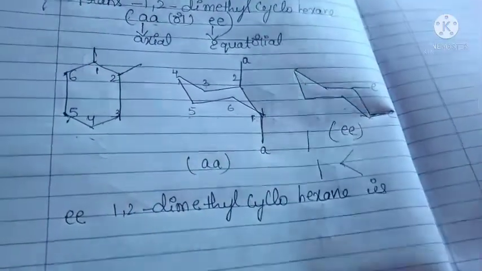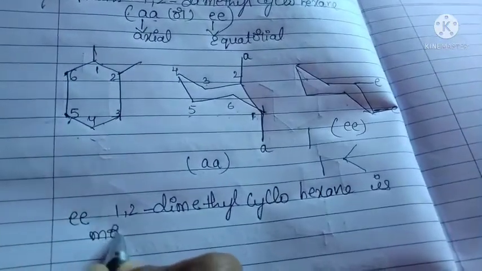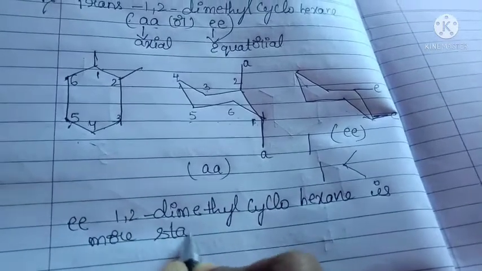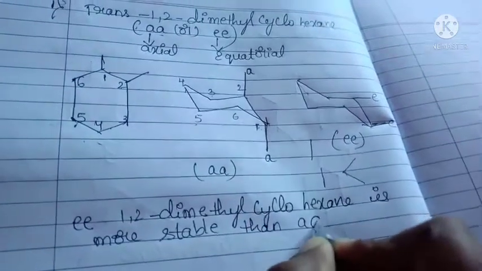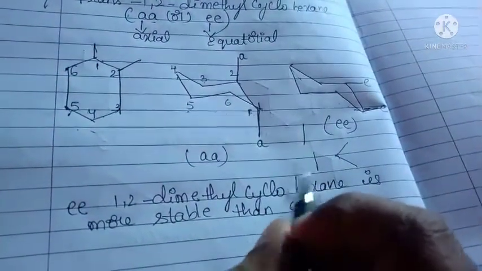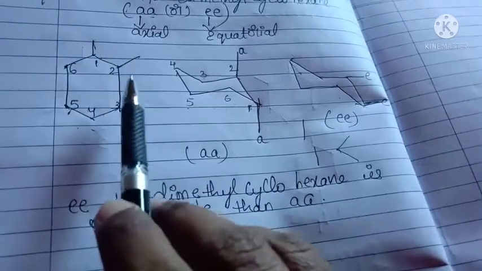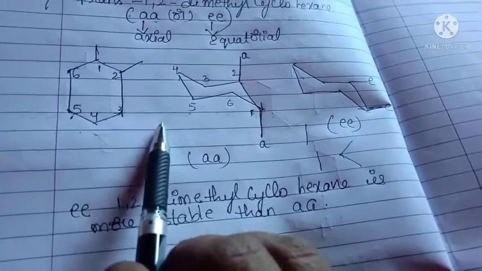is more stable than AA. Okay, because in the axial position there will be 1,3 diaxial interaction taking place.